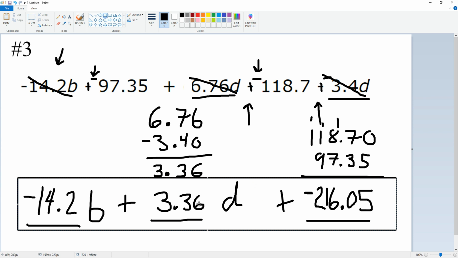So again, if you got the B and the constant right, and for the D you got maybe something like 10.16, you've got to make sure you're checking your positives and your negatives. Think about losing money and gaining money, right? You're not going to lose $6 and gain $4 and say, hey, I have negative $10, so I have positive $10, right? We've got to think about what those negatives and positive values mean. They have different values.